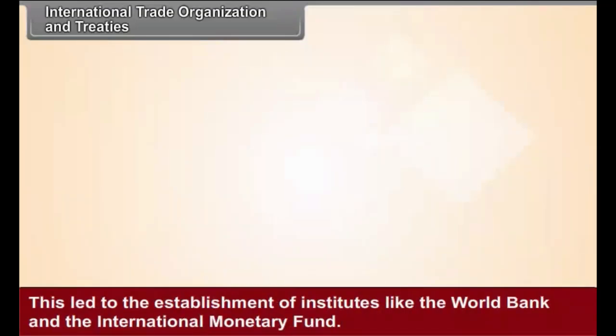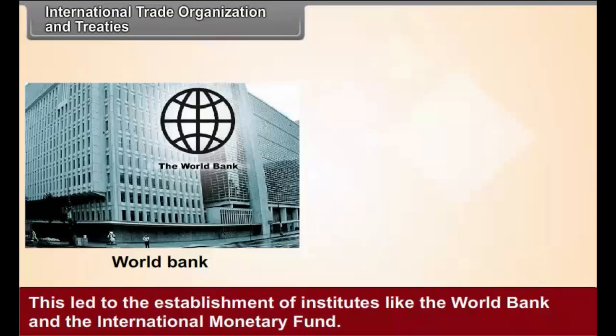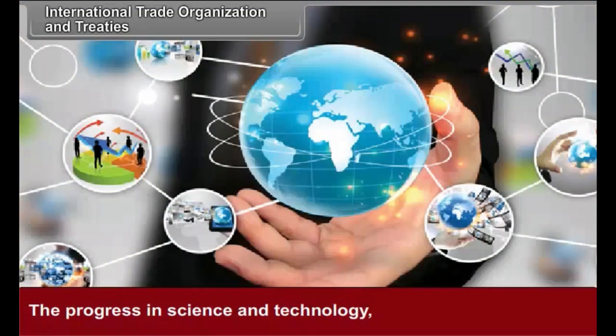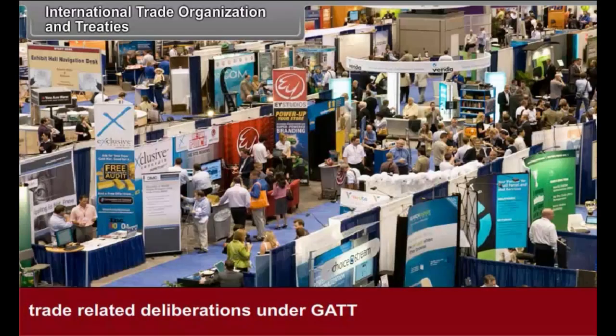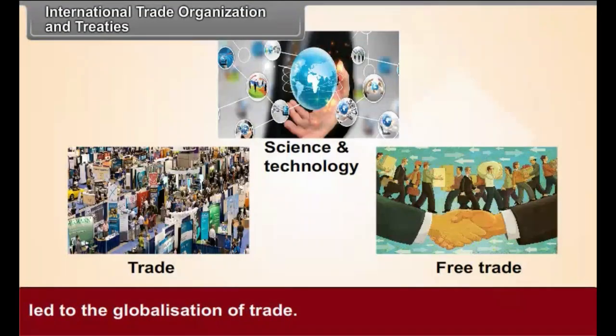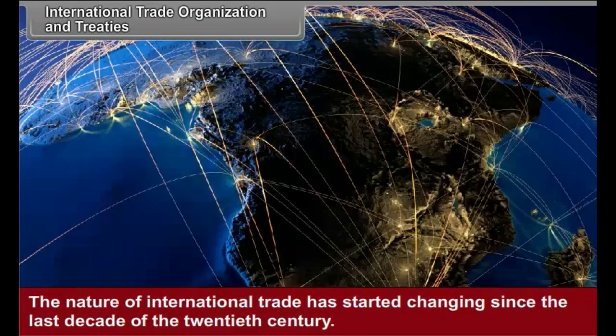These led to the establishment of institutes like the World Bank and the International Monetary Fund. Progress in science and technology, trade-related deliberations under GATT and measures taken for free trade led to the globalization of trade. The nature of international trade has started changing since the last decade of the 20th century.